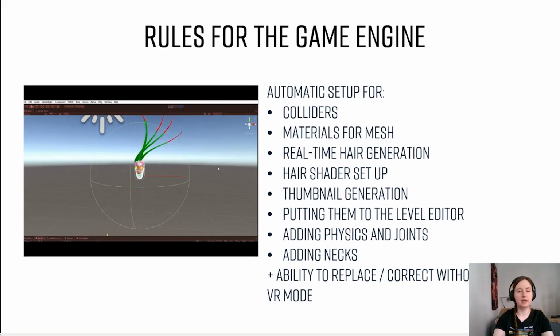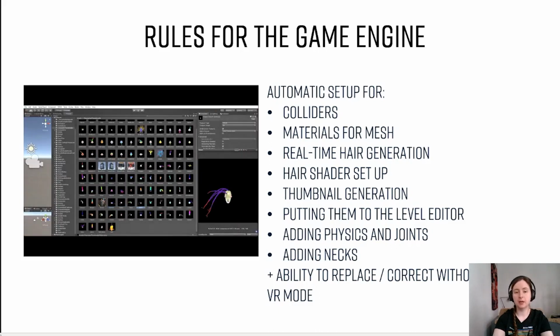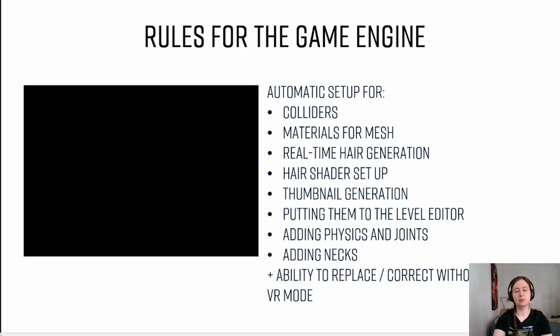So here you can see our characters being imported and automatically getting colliders, materials, and hair generated in real time. We're setting up shaders for hair and also for the meshes. We generate thumbnails for them, because we'll need them later to use in the level editor. We also add in physics and joints, because we don't have any animation for it.